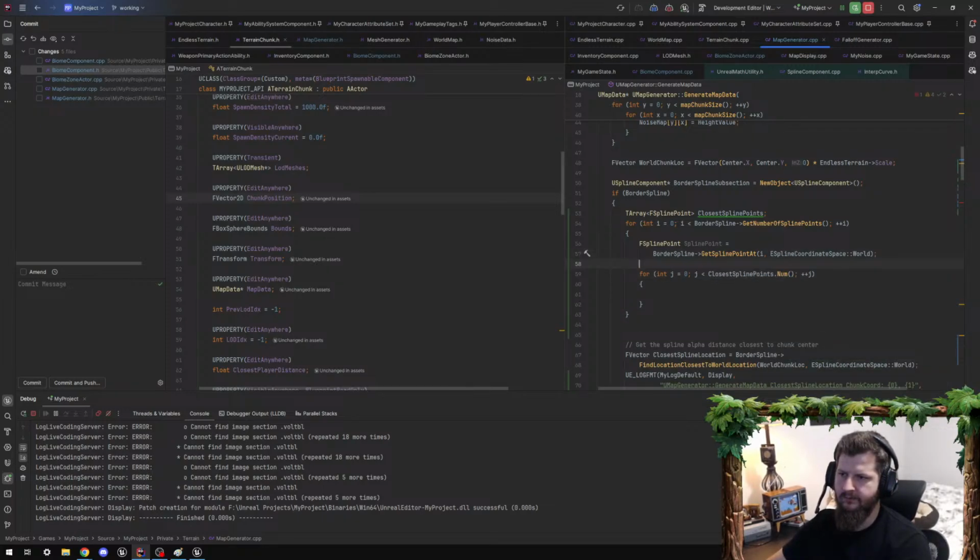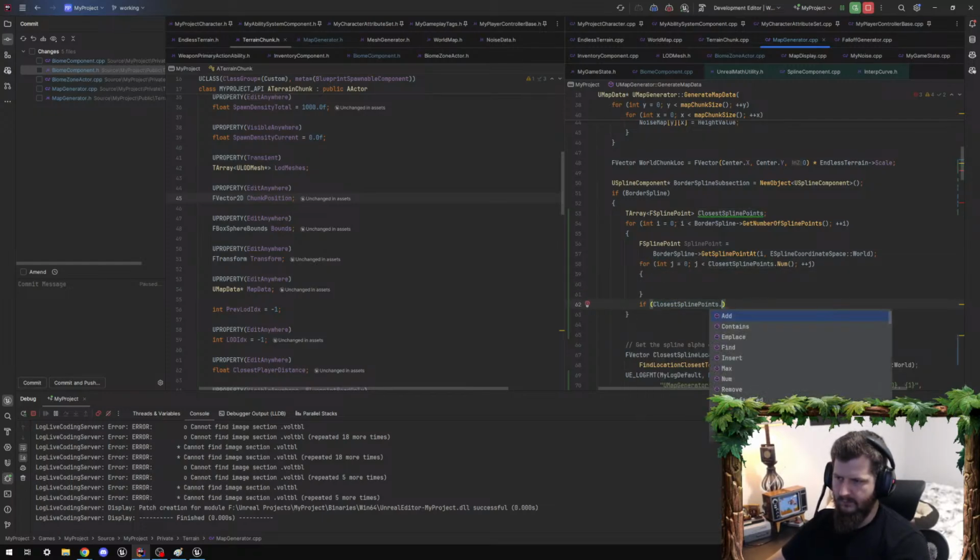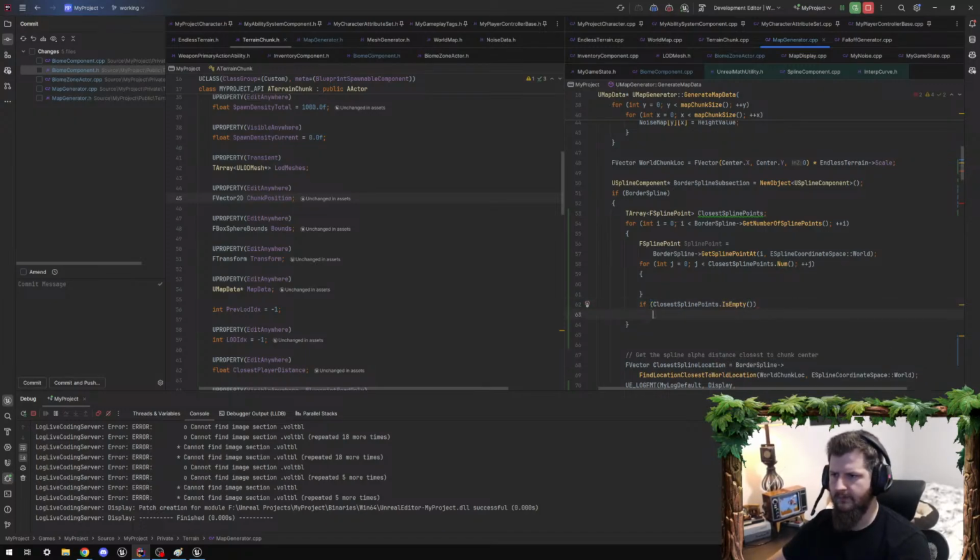If closest spline points dot num is empty, then I'll just add this point to closest spline points. I want the nearest 3, closest 3 spline points.